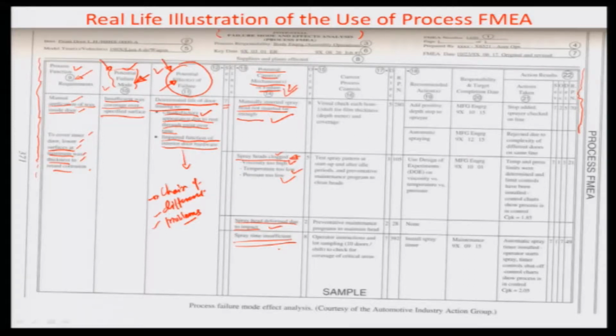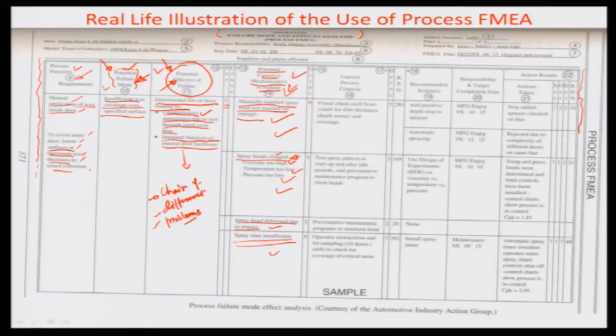So, these are some of the potential failure mechanisms which are identified here, and based on that the occurrence of these failure mechanisms contributing to the final failure, okay, is being rated here. So, the case of manual inserted spray head not inserted far enough so that the whole area can be coated occurs more.